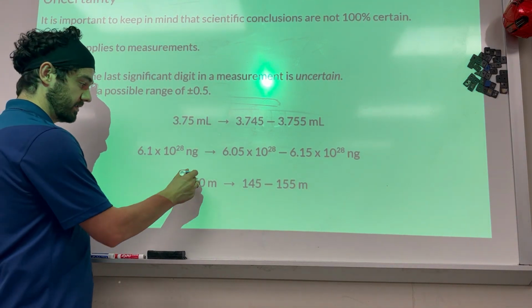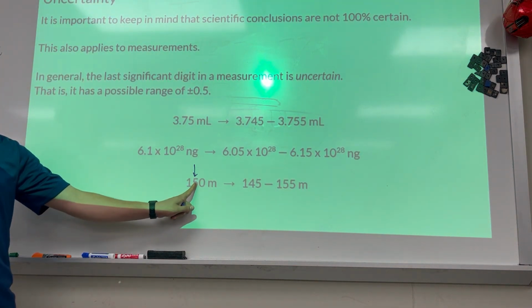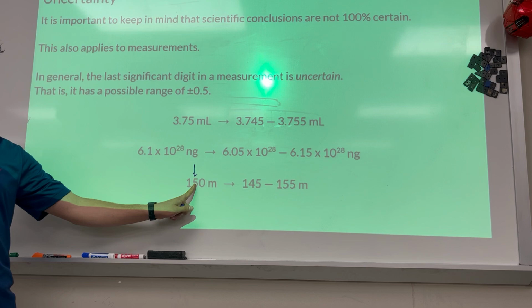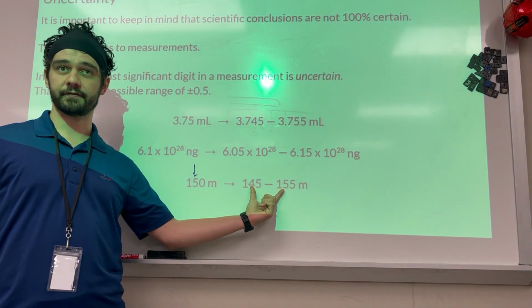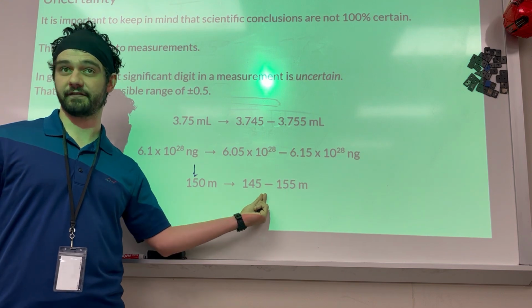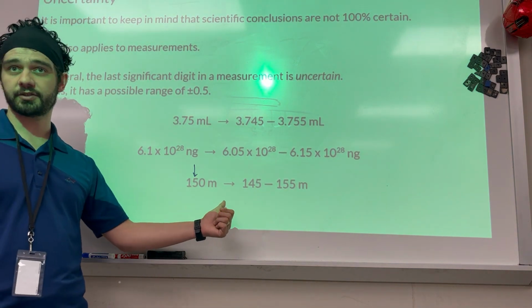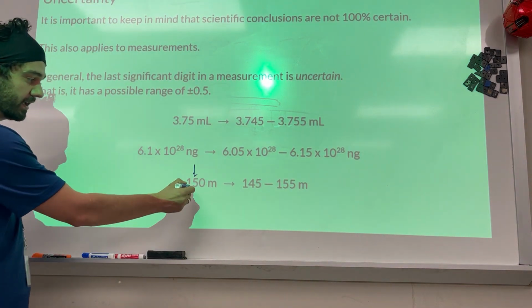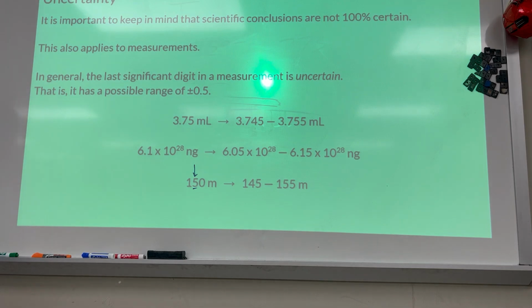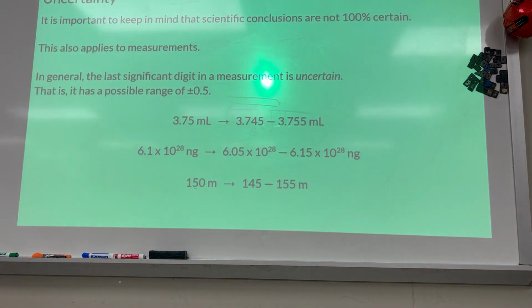It's the 5. This is where I measured to. I measured to the tens place. So notice how far my range is. Half of a tens place, which is give or take 5. So this is not 149 to 151. It's 145 to 155 because my uncertainty is in the last significant digit. Make sense? Questions?